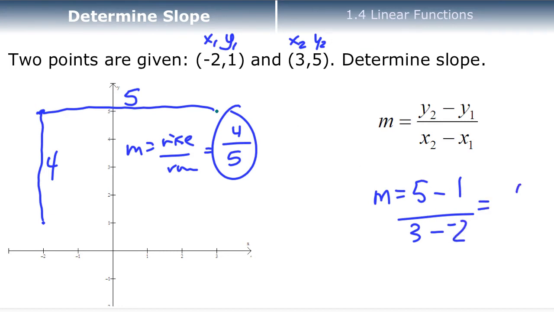So if I take away 1 is 4, 3 minus a negative, notice that those will cancel, so it'll be plus, is 5. So I'm getting the same slope. Now that's one characteristic of my particular graph here. I could, if I wanted to, also determine what the y-intercept is, where it crosses the y-axis. It looks to be about 2.5, but we'll maybe do that in another question.